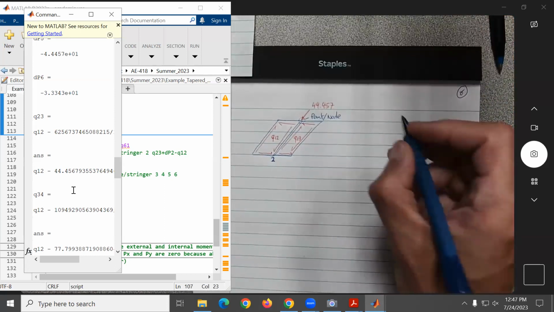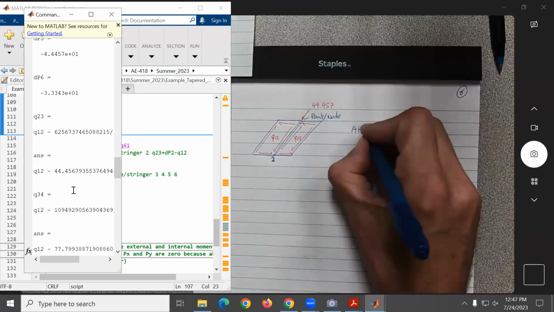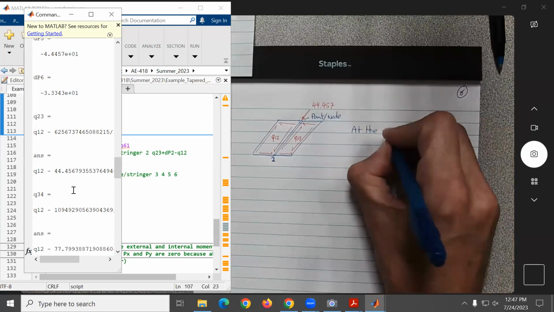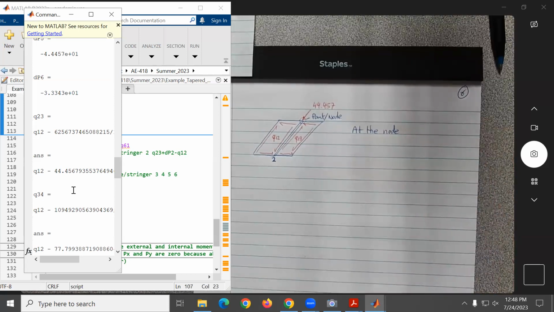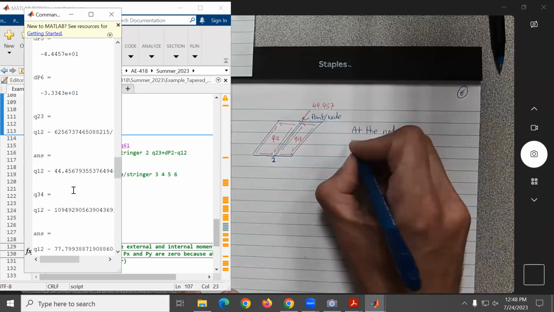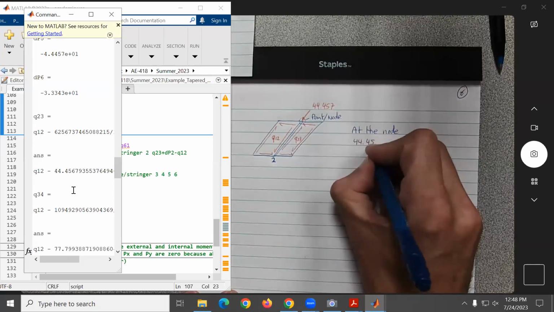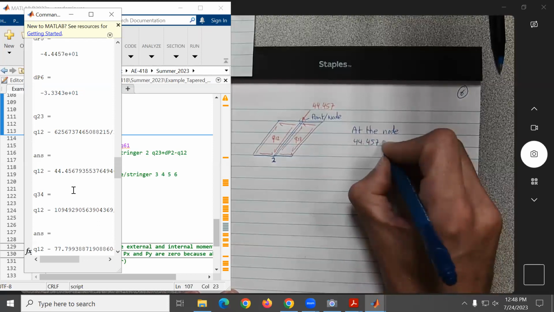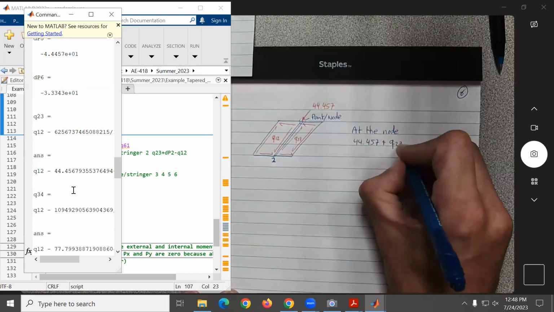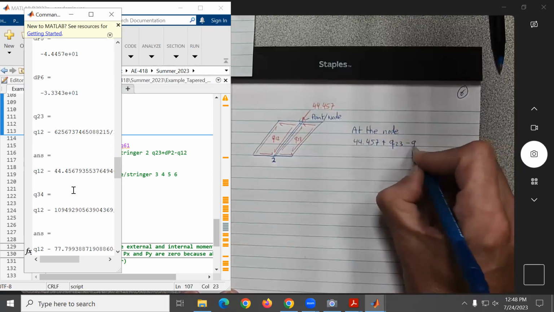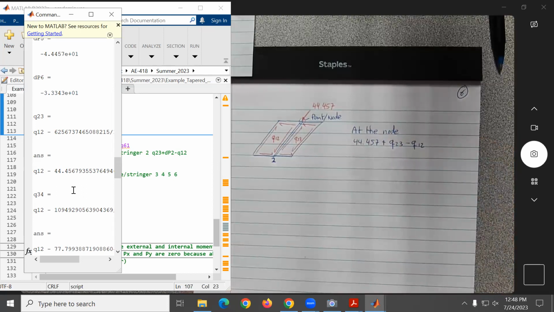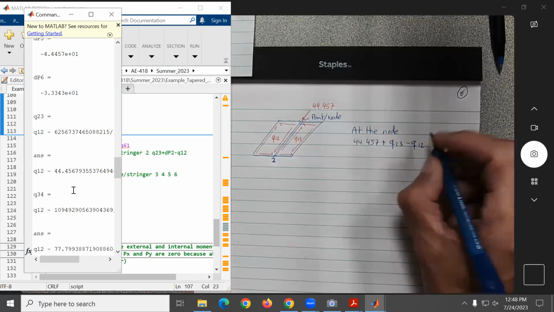Okay, so at the node, what is coming in? You're going to have 44.457 plus Q23 minus Q12 equal to 0.